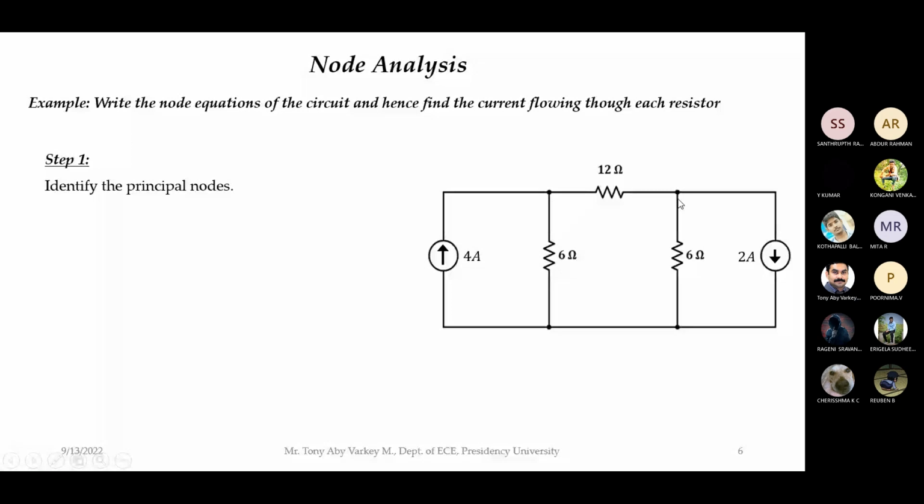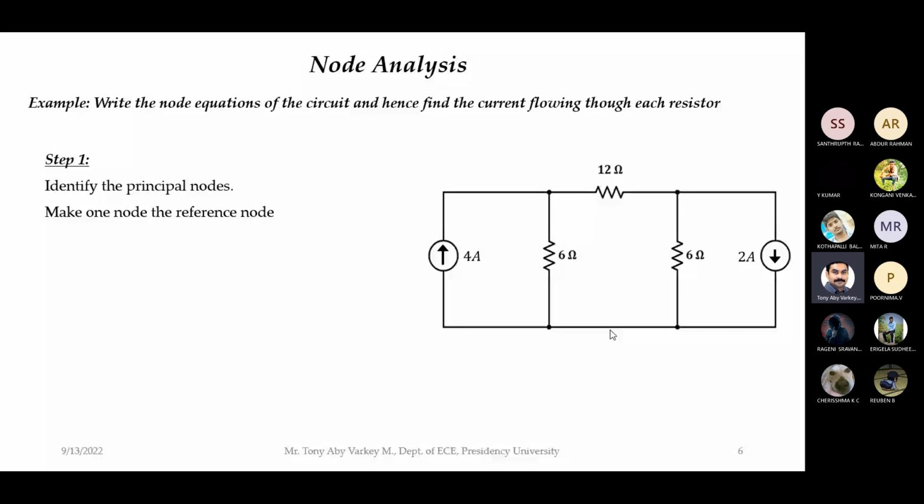Is this a principal node? Yes. Now one more is there. What is that? This line, correct? Because here this current source, this resistor, and this current source are connected together, correct? So there are three principal nodes and make one reference node.